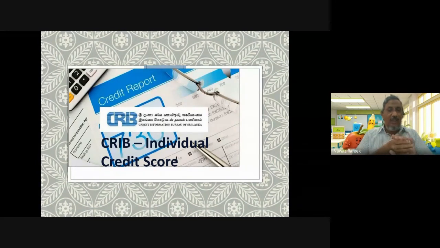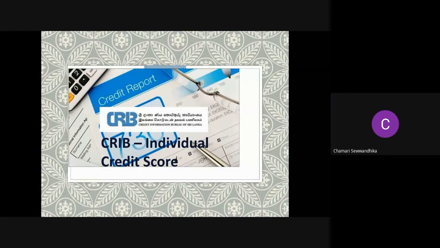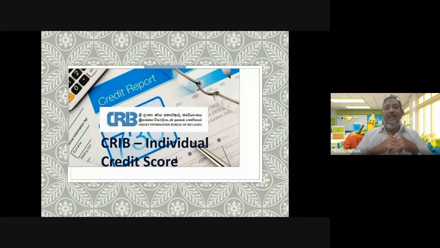I told you, normally we are not calling for rating reports for small or medium-sized customers because the rating agencies charge a very high amount to give a due diligence report and rating. So normally it is applied for large loans. Right?